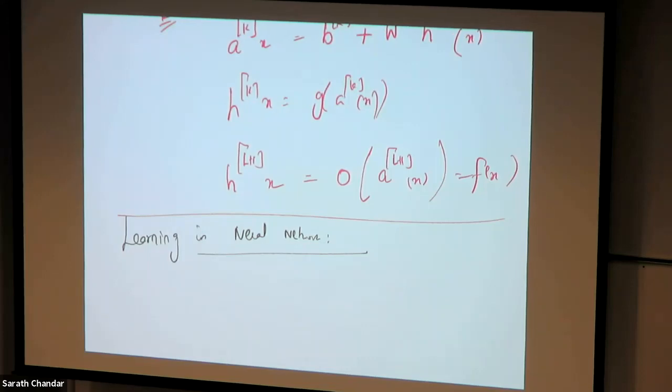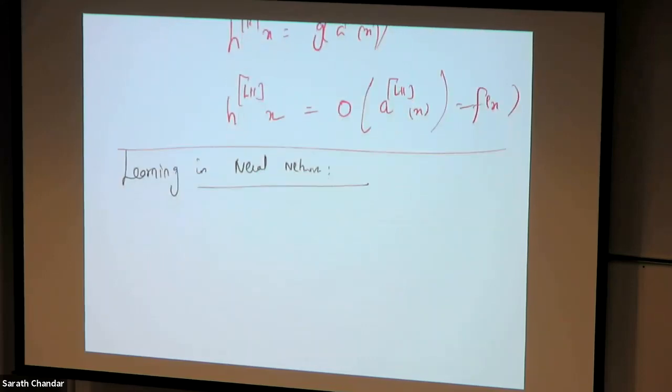To do that, we need a specific instantiation of the problem. So we are going to consider an MLP with n input units and m output units. You can have any number of hidden units, it doesn't matter.